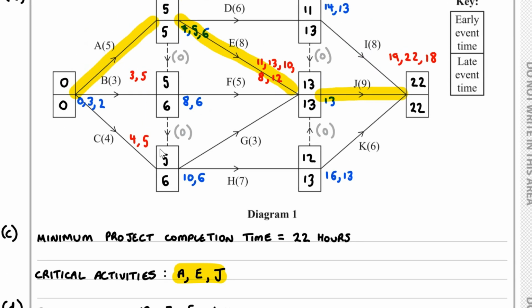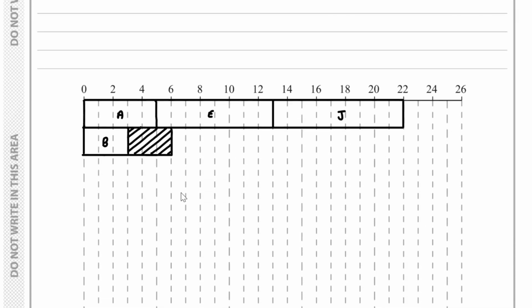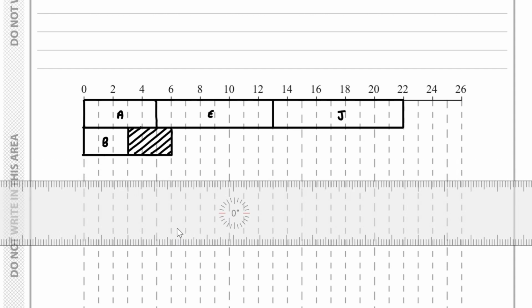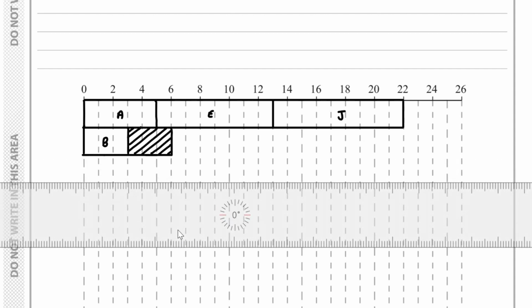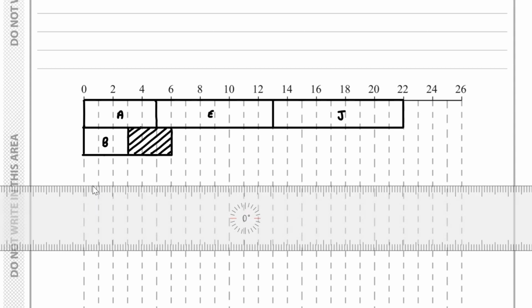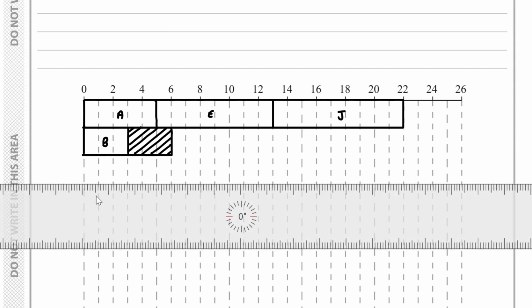Let's now move on to C. That's got duration 4, late event time 6. So let's add this in. We have over here going up to 6, like so.